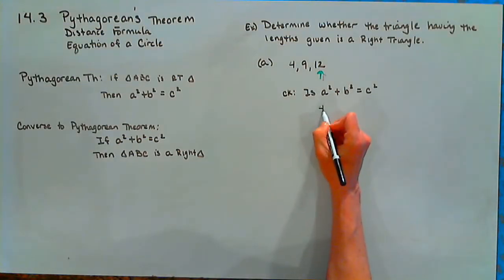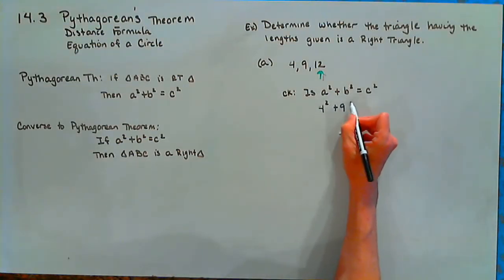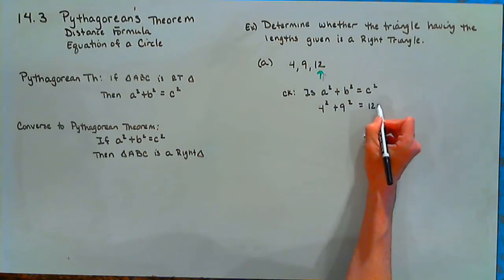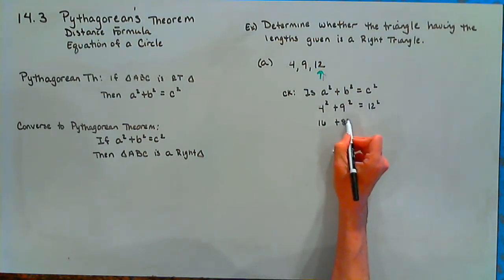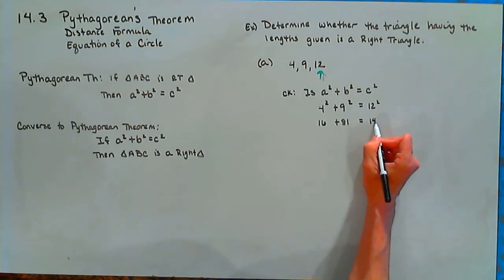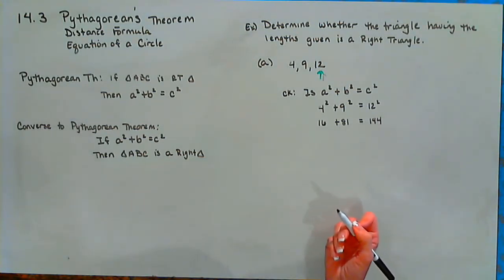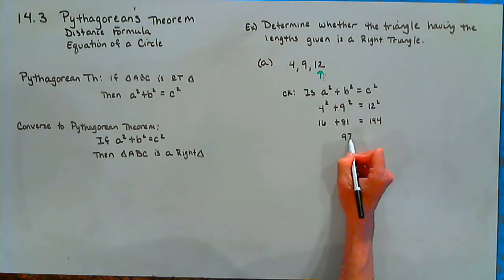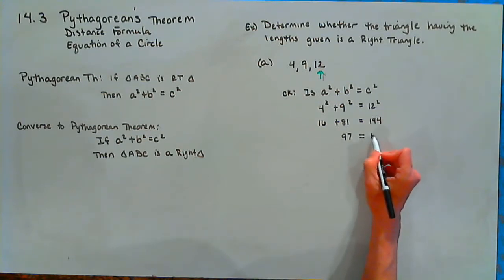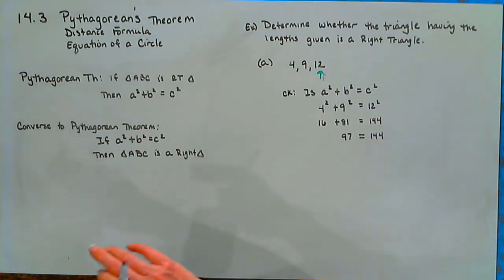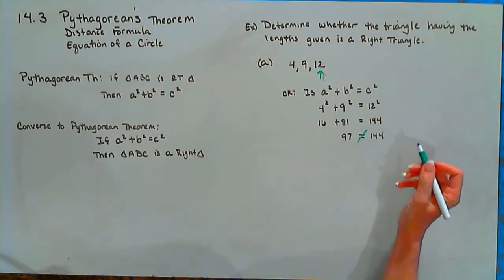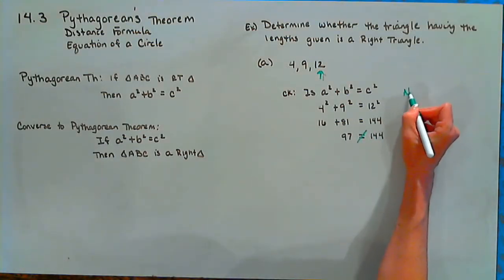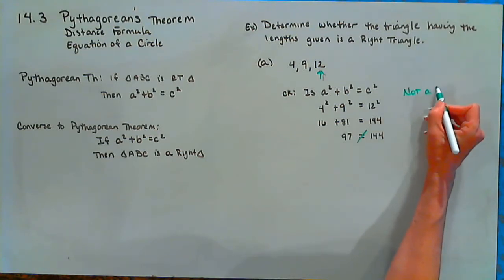So is 4 squared plus 9 squared equal to 12 squared? Is 16 plus 81 the same as 144? On the left side we get 97. On the right side we get 144. So those are clearly not equivalent. Therefore, this is not a right triangle.